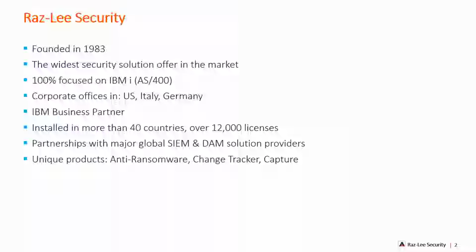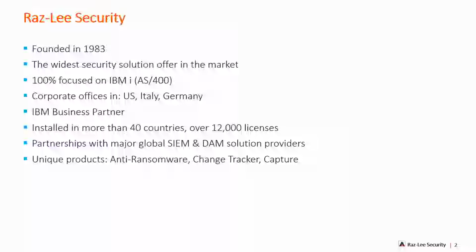A few words about Raz-Lee. We were founded in 1983. We offer the widest security solution in the market. We are 100% focused on the AS/400 environment. Our main offices are in the US, Italy, and Germany, and we are an IBM business partner.